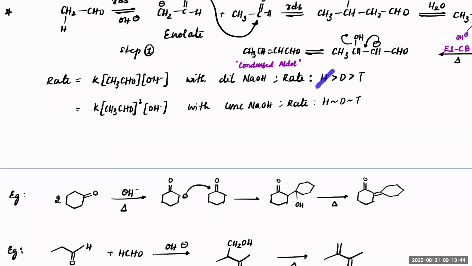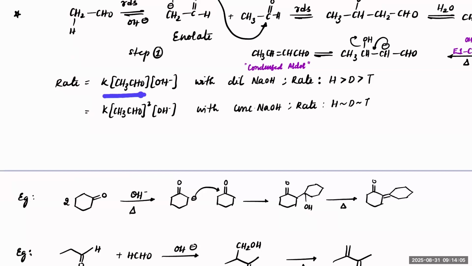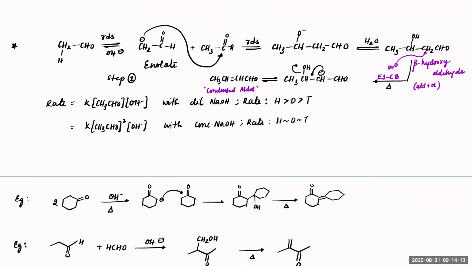Whether you are taking H, D, or T, the rate will change. But if you are talking about the second step, in this case there is no hydrogen being removed. So therefore, the rate will not change in the second step. So the order can become 2 or 3 depending upon whether you're taking concentrated NaOH or dilute NaOH. Okay.